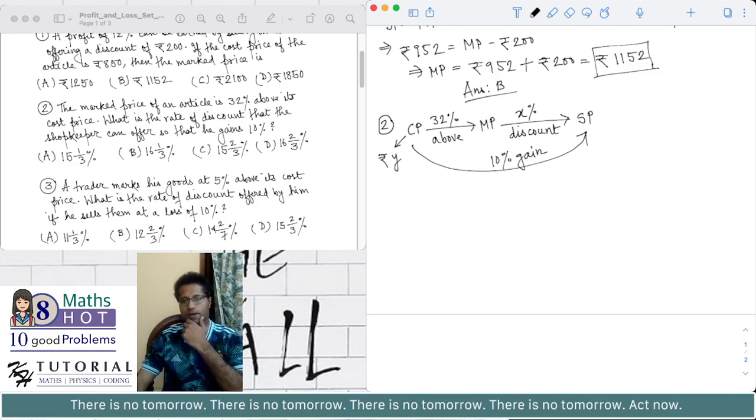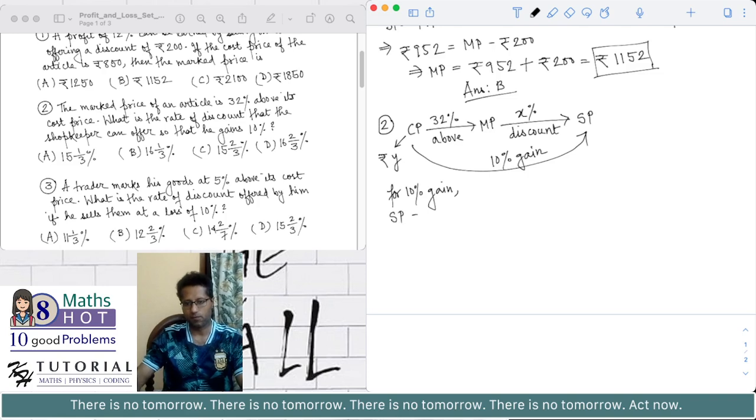So I can compute the selling price based on the CP and the 10% gain. Also, I can compute the selling price based on the mark price and X% discount. And the mark price I can know because it is given, it is 32% above the CP. So for 10% gain, let's find out what the selling price is.